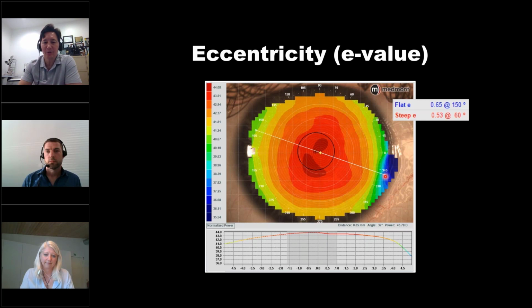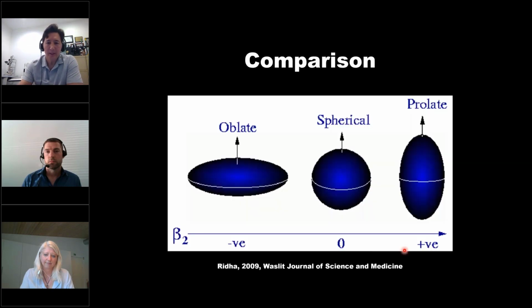So the higher the change, the more the cornea flattens from center to periphery, the higher the eccentricity becomes. Now, a normal, non-surgical, disease-free eye will generally be a prolate shape, steepest in the center, flattest toward the periphery.